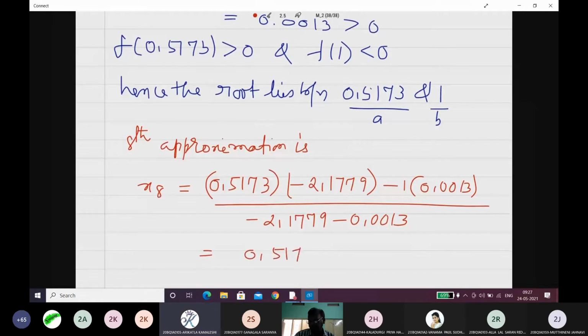That gives 0.5175, sir. So up to 3 decimal places it is true.